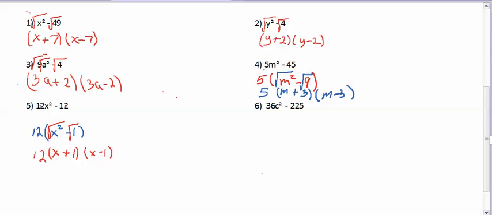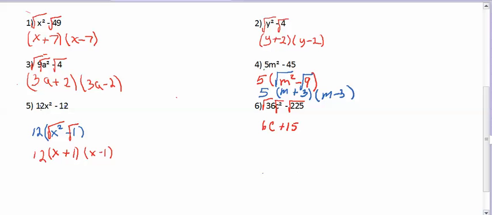Okay, now number 6. Number 6 looks like it's pretty straightforward. But then I look at this, and if I take the square root of 36, I get 6. If I take the square root of c squared, I get c. If I take the square root of 225, and if I do it on a calculator, I find it's 15.